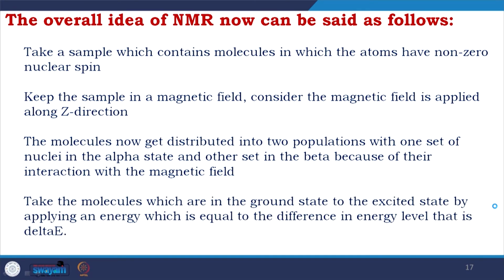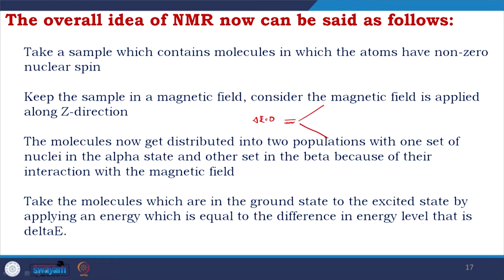Take the molecules which are in the ground state to the excited state by applying an energy which is equal to the difference in energy level, that is delta E. So, what happened? You have one state and another state at the same energy, where delta E equals 0.